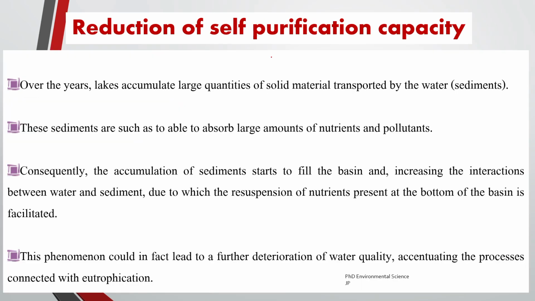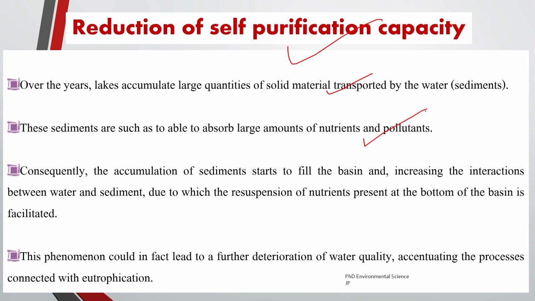Reduction of self-purification capacity. Lakes receive sediments carried by rivers, streams, and runoff from the surrounding watershed. These sediments include soil particles, organic matter, and debris from various sources like erosion, agricultural activities, and urban runoff. Over the years, these sediments settle at the bottom of the lake, gradually accumulating and forming sediment layers.